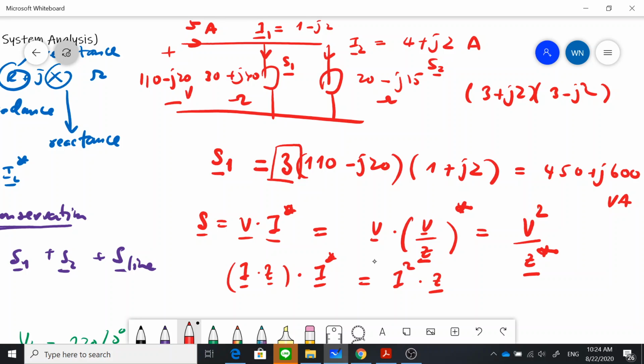S is equal to V squared divided by Z conjugate, and S is equal to I squared times Z. And if you are talking about balanced three phase, then you have to multiply all the way through by 3.